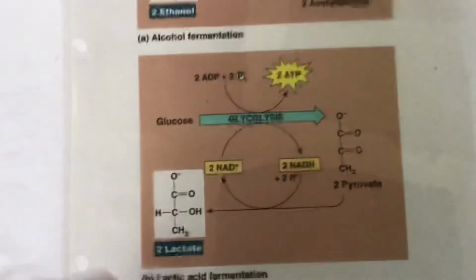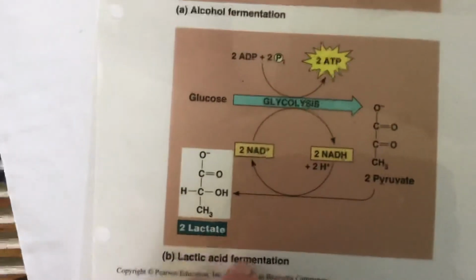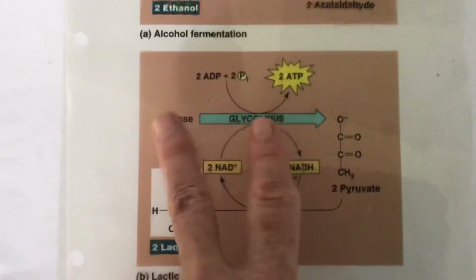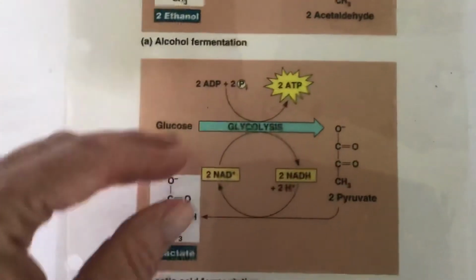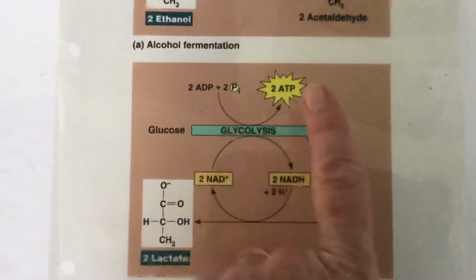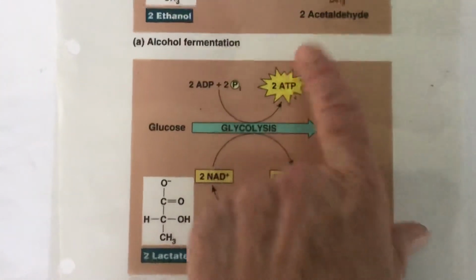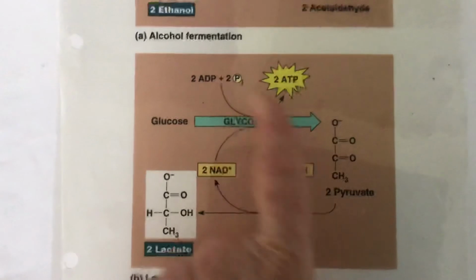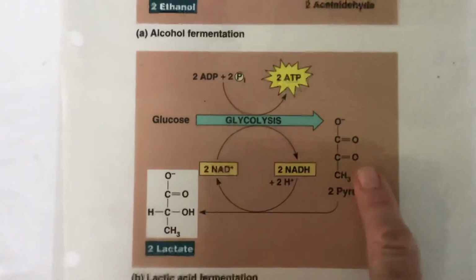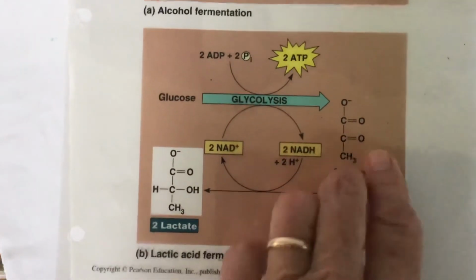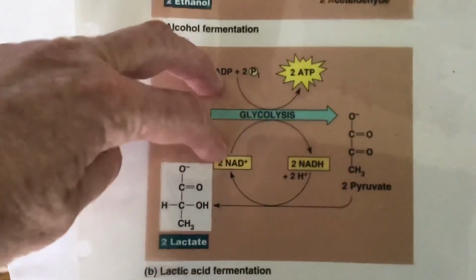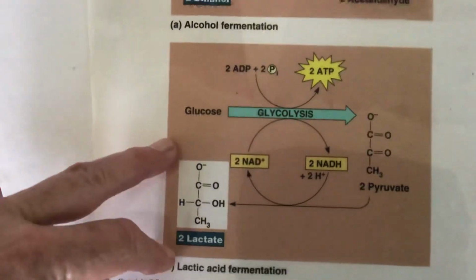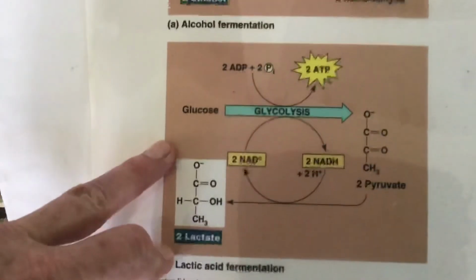On the other hand, lactic acid fermentation, which is what our muscles do, that's this one, does the same basic thing. That is, it uses glucose through the process of glycolysis, again creating the ATP and NADH to create the pyruvate. But in order to generate back the NAD to keep running this process, I create this molecule called lactate, or lactic acid.